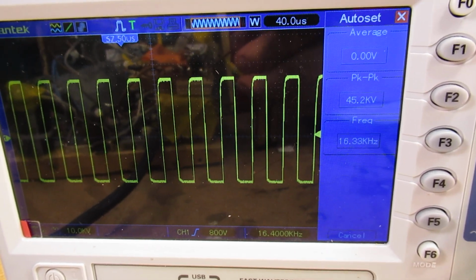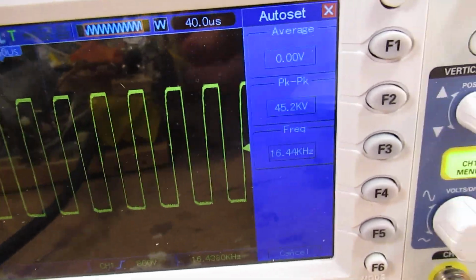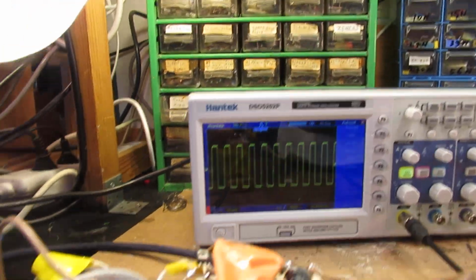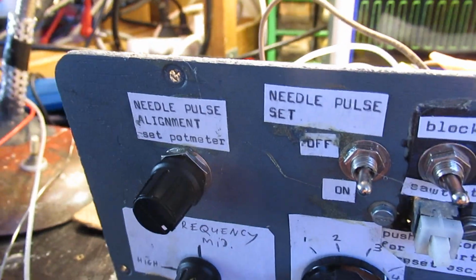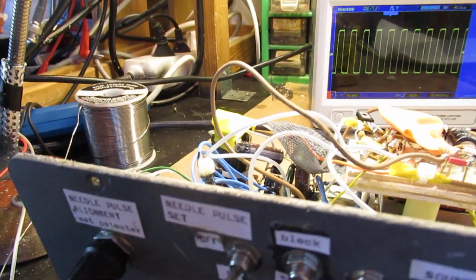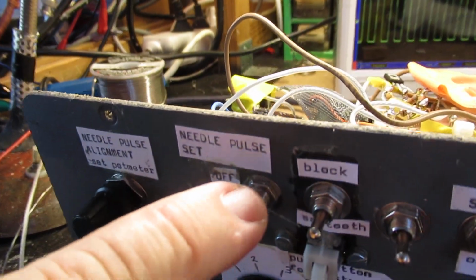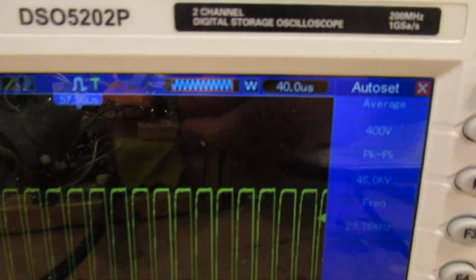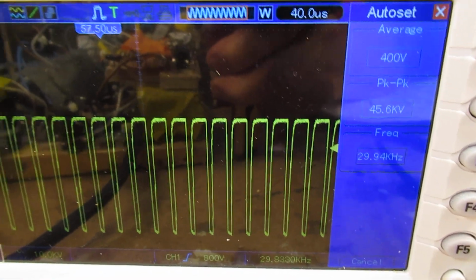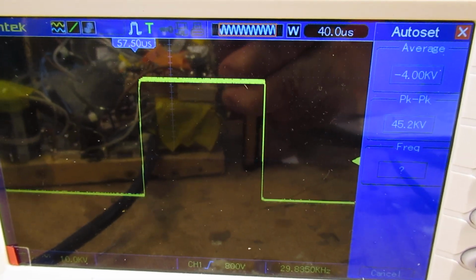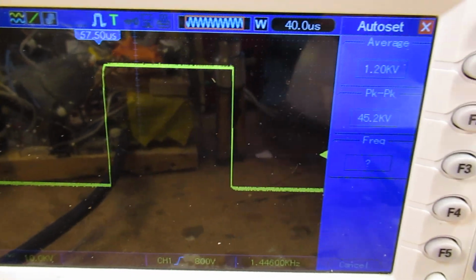And here of course the needle pulse only works when we switch it on. Let's switch it on. Now we are on the highest frequency band. Now we are on a lower frequency band.